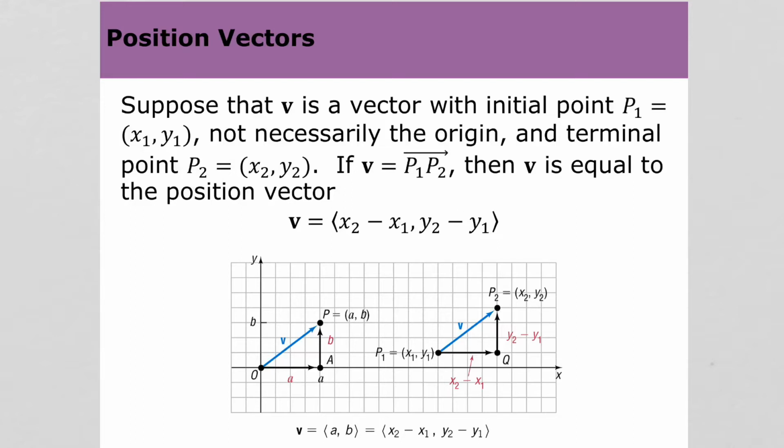If V is P1P2, then V is equal to the position vector (x2 minus x1, y2 minus y1). So basically, it's just saying that starting at the initial point and going to the terminal point, we represent the vector by subtracting the x values, starting with the terminal point, and subtracting the y values, starting with the terminal point.